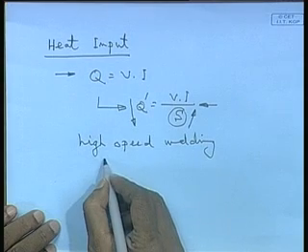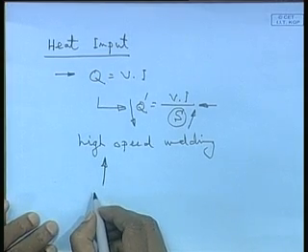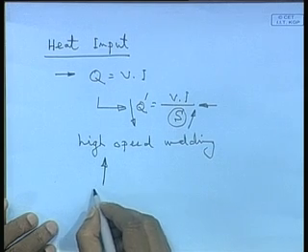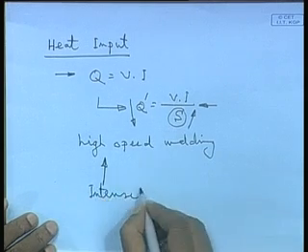Because if I take the heat away very fast, then it may not achieve necessary melting. So this can be achieved through welding with an intense source of heat.